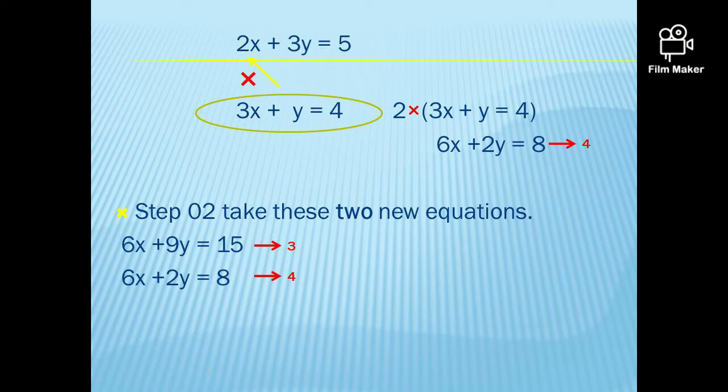Now separate the two equations. The first equation you have separated is the third equation, that is 6x plus 9y equals 15, which you isolate from the initial slide. Then 6x plus 2y equals 8, that is the fourth equation.